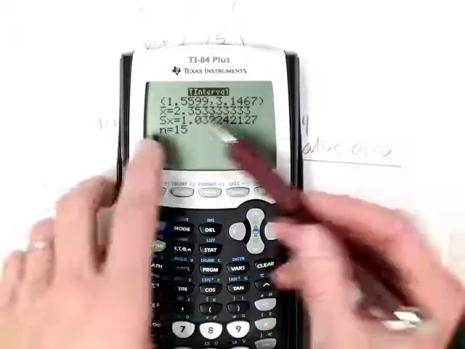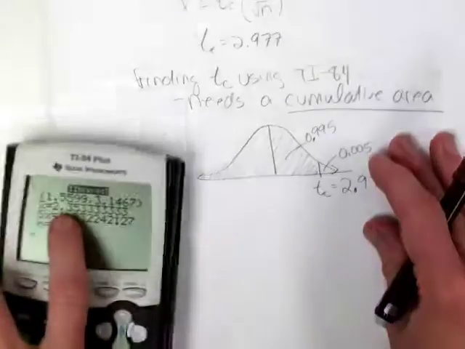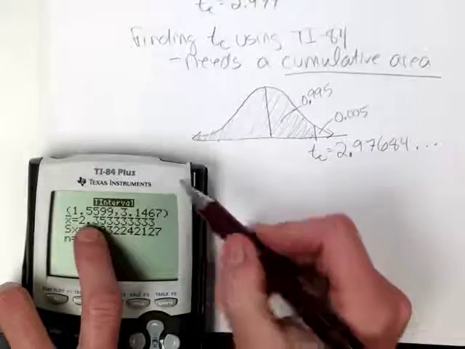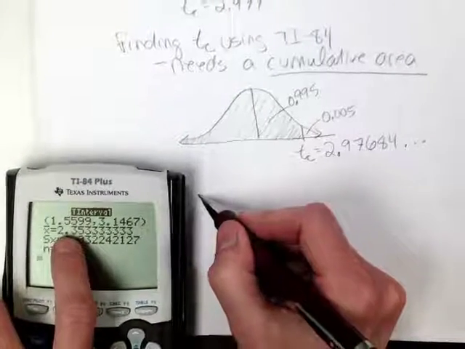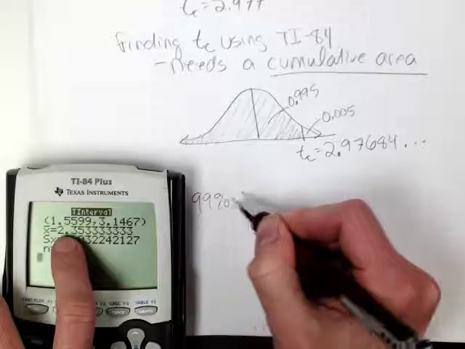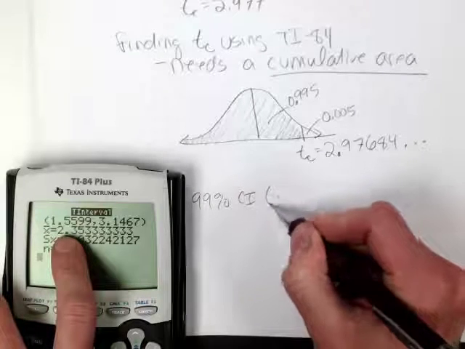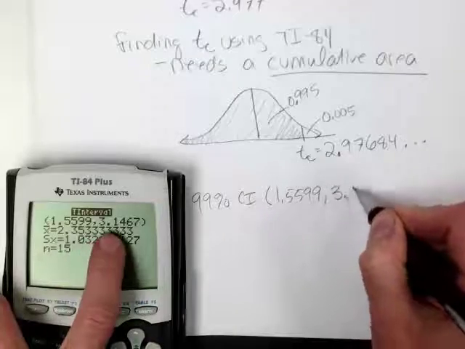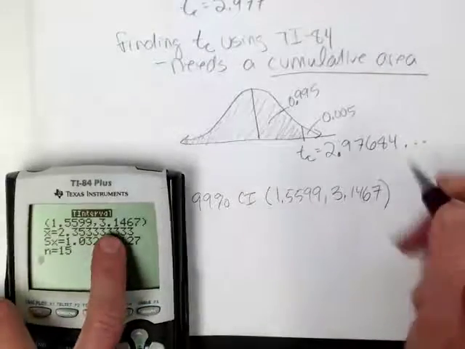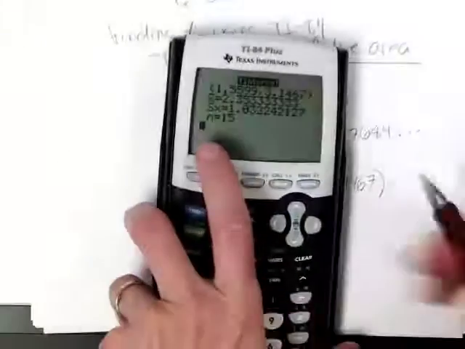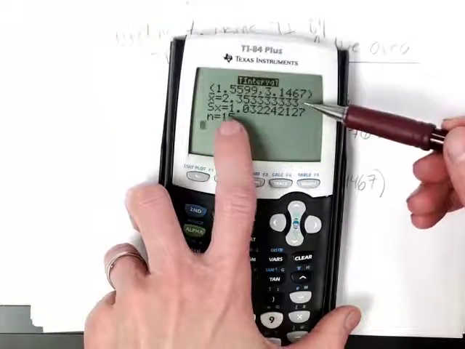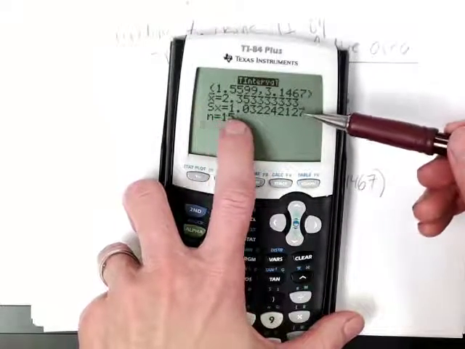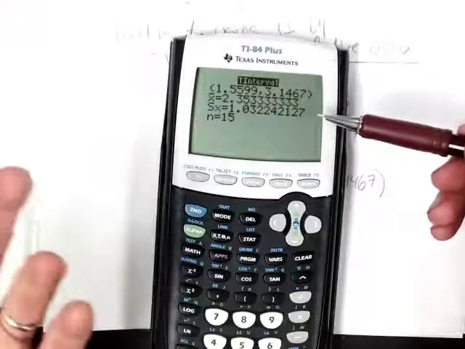My confidence interval using the calculator, so this is a 99% confidence interval, goes from about 1.5599 up to 3.1467. Now look at the output. Remember in the problem it had asked for the mean and standard deviation, and we went to one variable statistics?